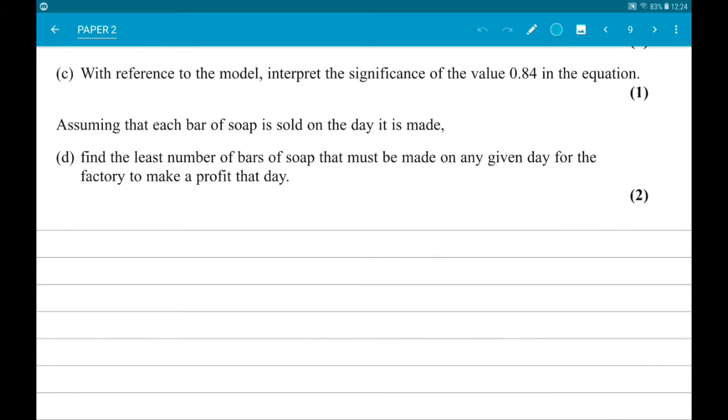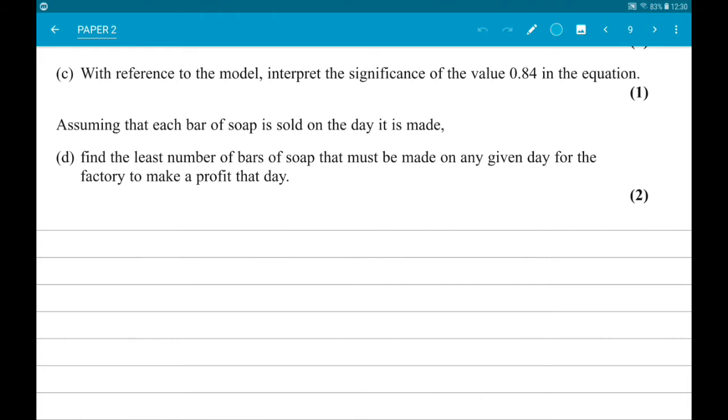Now, because the number of bars is being multiplied by 0.84, that's telling us that each bar costs 84p on top of the fixed cost. So it's telling us each bar of soap costs 84p to make on top of the fixed cost per day.